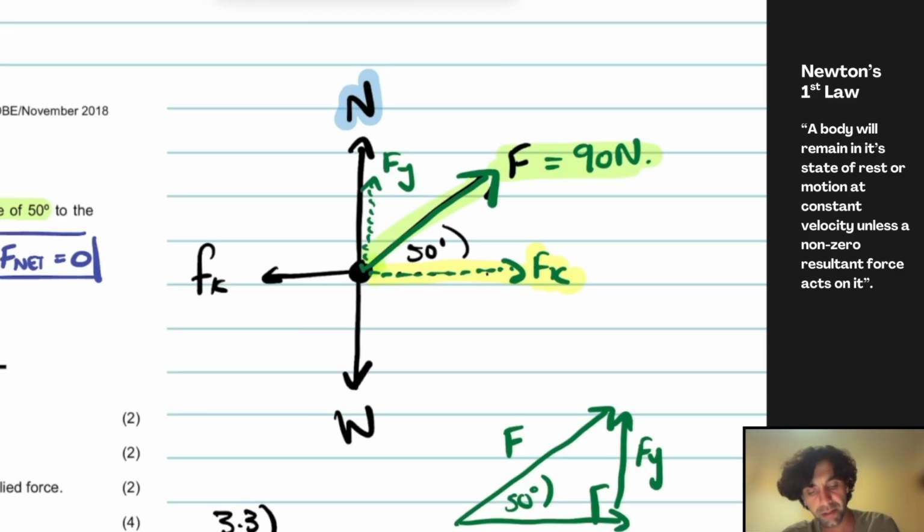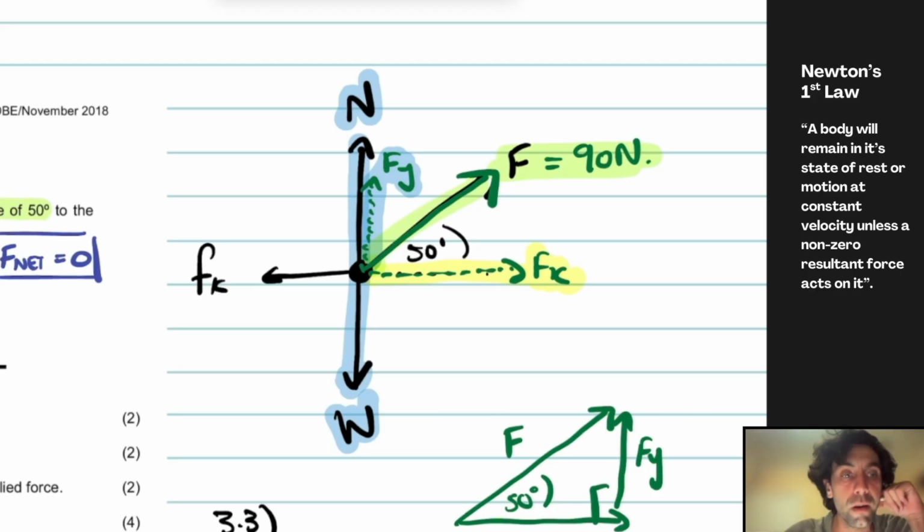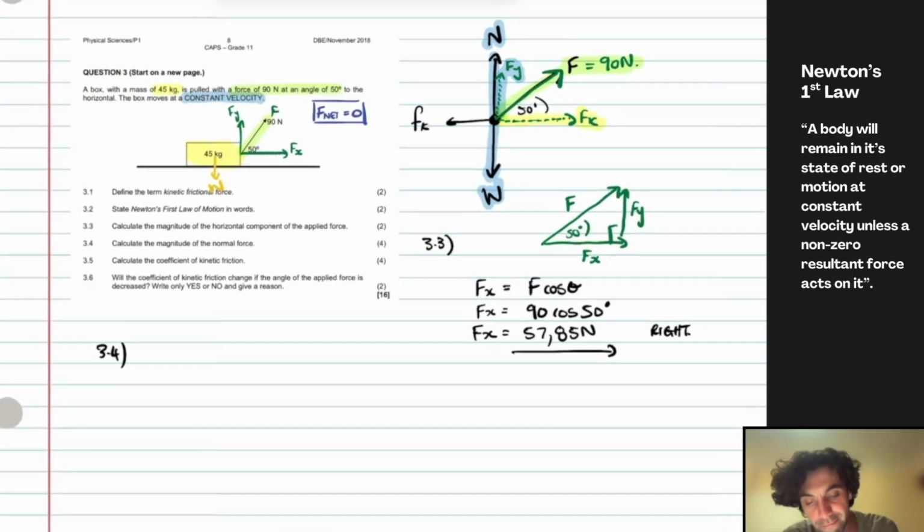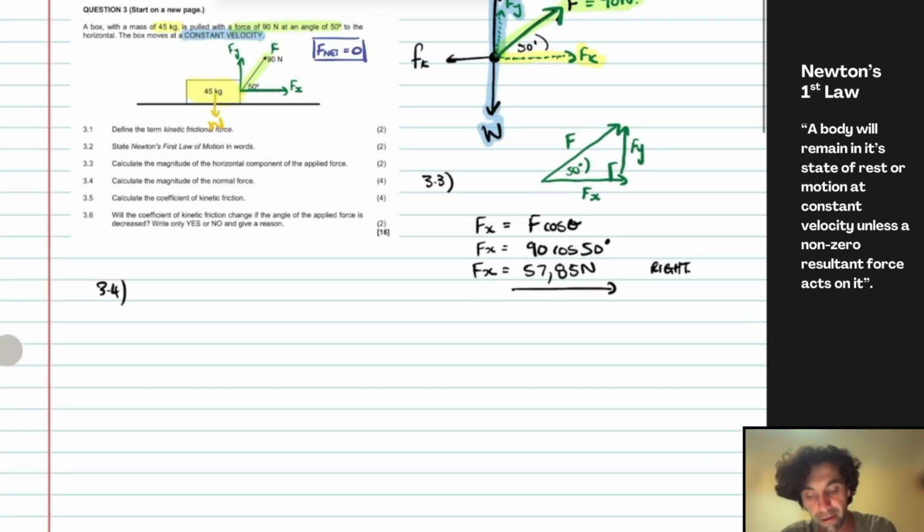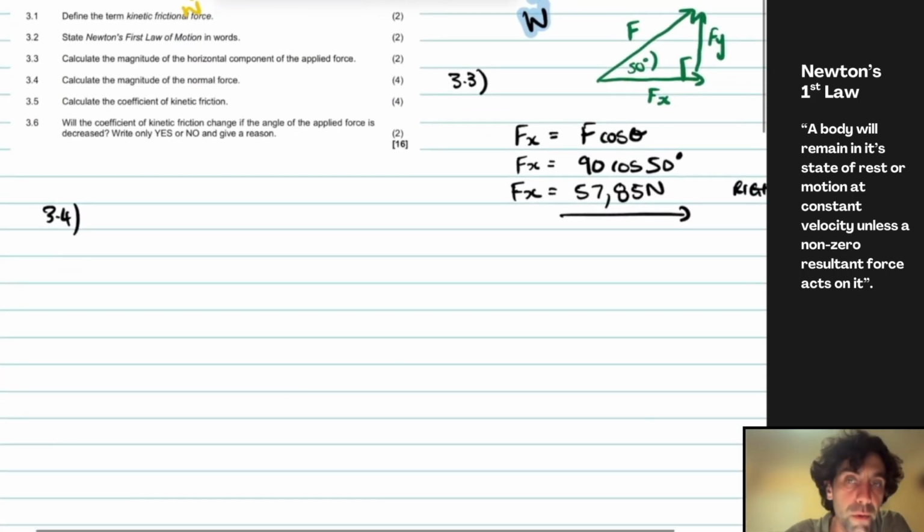Because it's acting upwards, I am most likely going to be interested in what the weight is and any other forces that might be acting directly up or down. And in this case, we can see that there is another force acting upwards. It is the vertical component of our applied force. Very important to note that from your free body diagram.